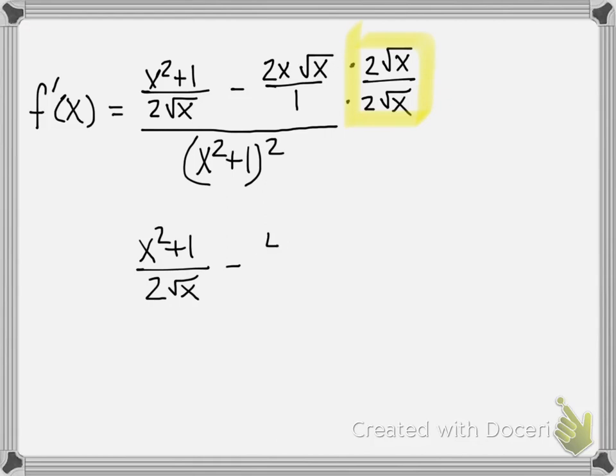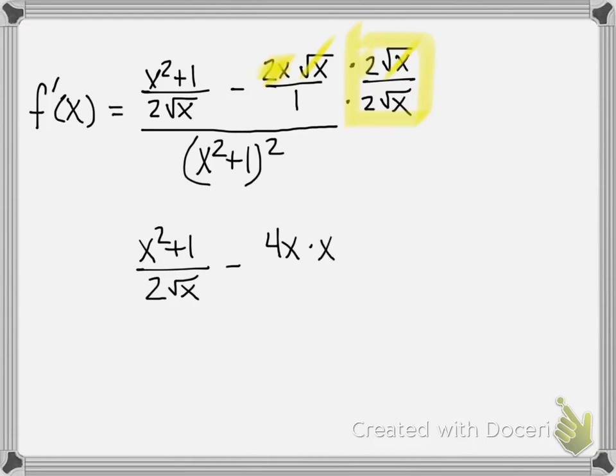So 2 times the square root of x times 2x square root of x is going to give us 4x from our 2's, the 2x times 2. So that gives us our 4x, and then whenever we multiply 2 square roots, that's going to give us an x. The radical goes away.